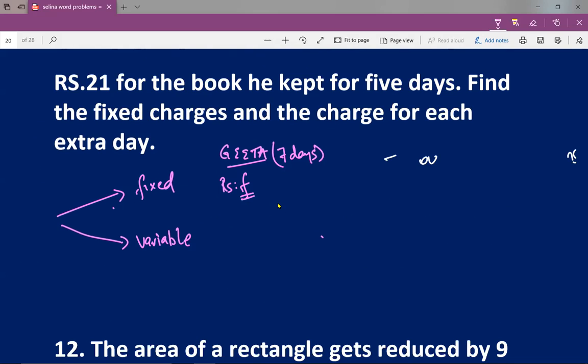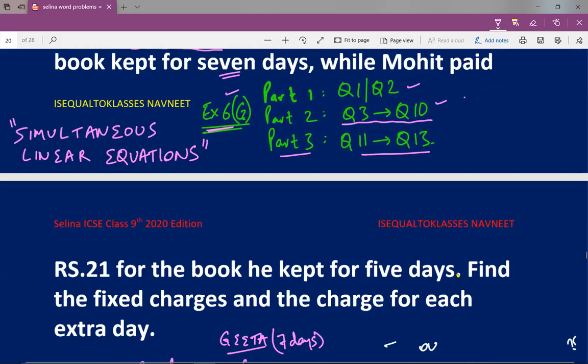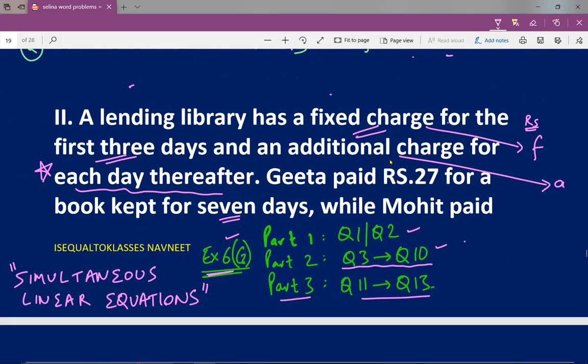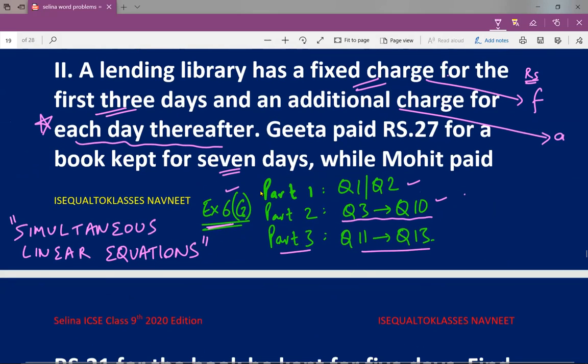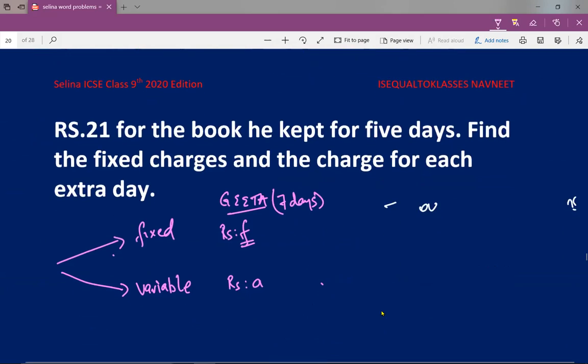There is a variable charge. This variable charge, we have assumed it to be A. This A is the additional charge. This is for each day thereafter, after the 3 days, that is for 4th, 5th, 6th, 7th day. That is for 4 days.